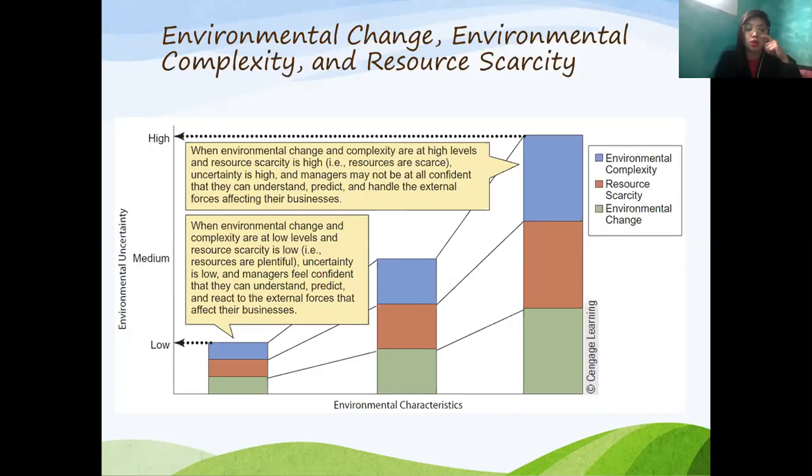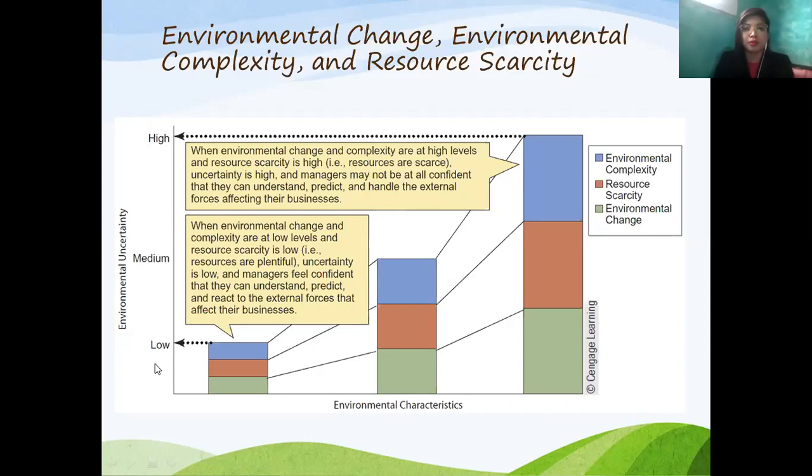So with this kind of representation, the environmental uncertainty of the example organization is low.